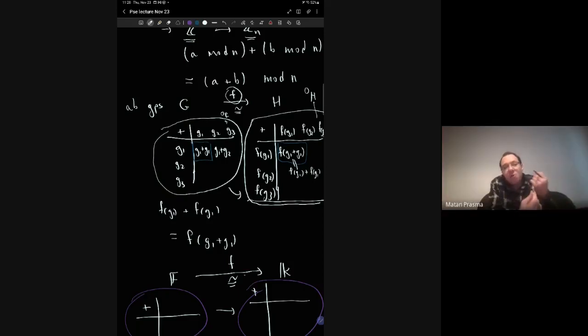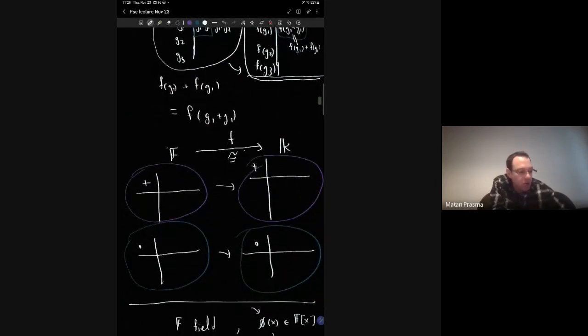So again, from a computer point of view, all you care is you have a bunch of symbols and you have a binary operation between these symbols, and you have a table of how to convert a binary operation of 2 symbols into a new symbol on the list. And the same goes for an isomorphism of fields, only that in an isomorphism of fields, you will identify both the addition table and the multiplication table.